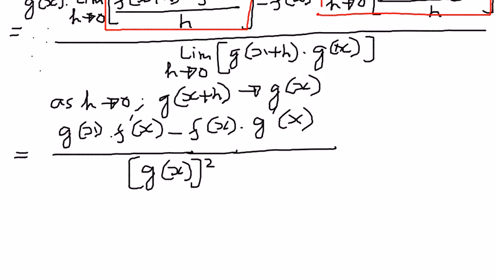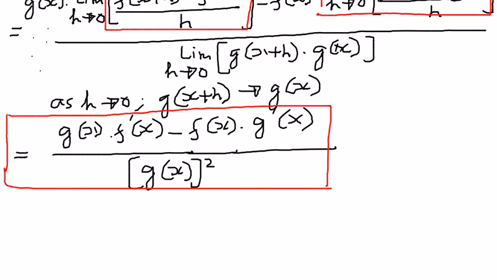So therefore, if we look at this, this is the derivative of the function. This is the quotient rule, basically.